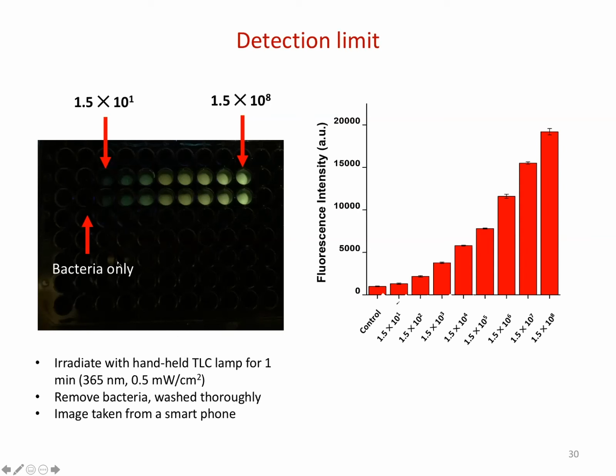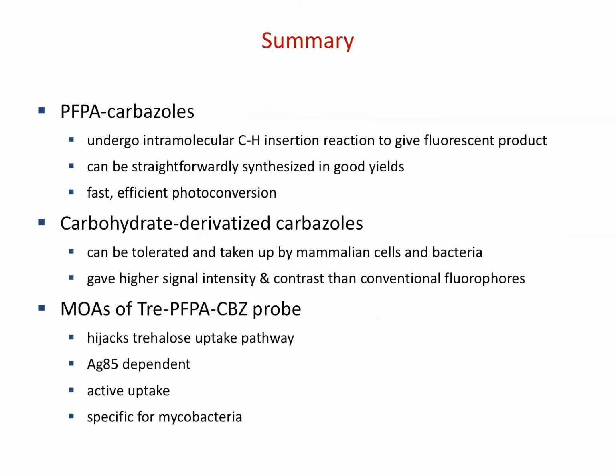And then this is the image taken by my student's cell phone. This is the fluorescent intensity taken by the plate reader. And you can see that it correlates pretty well with the imaging data on the left.